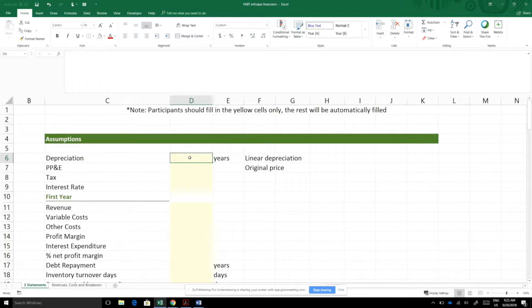So what does that mean? That means that you are dividing the cost of the asset by the amount of years you're expecting to use that asset, and each year you're going to put that amount as a cost.